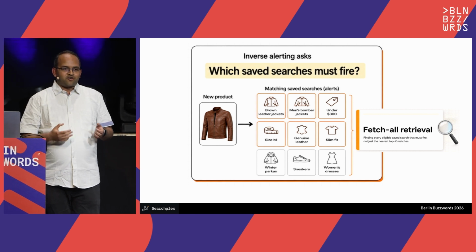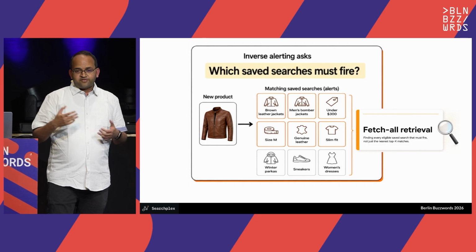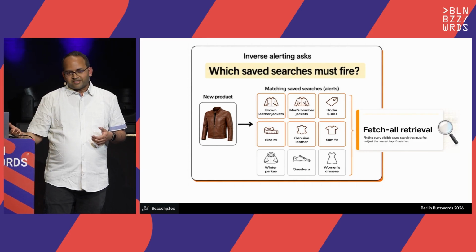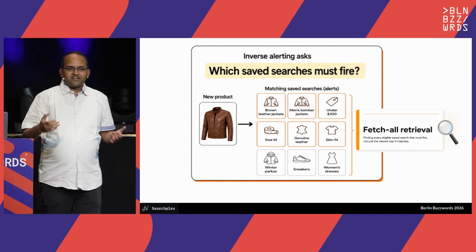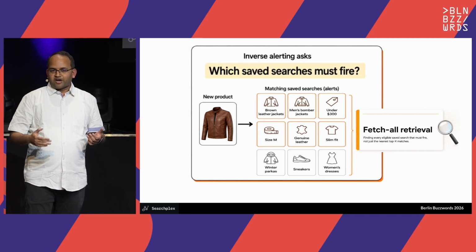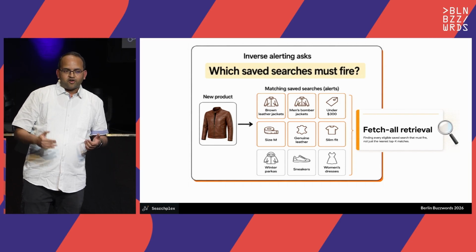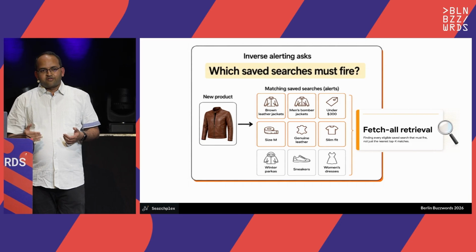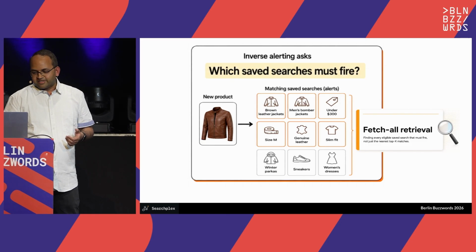What I mean by fetch all is, we need to evaluate every saved search, which is a corpus, against the incoming query, which is a product. And wherever the matches are happening, however many items it's matching, all of them have to be processed for alerts. There is no top K in this situation.